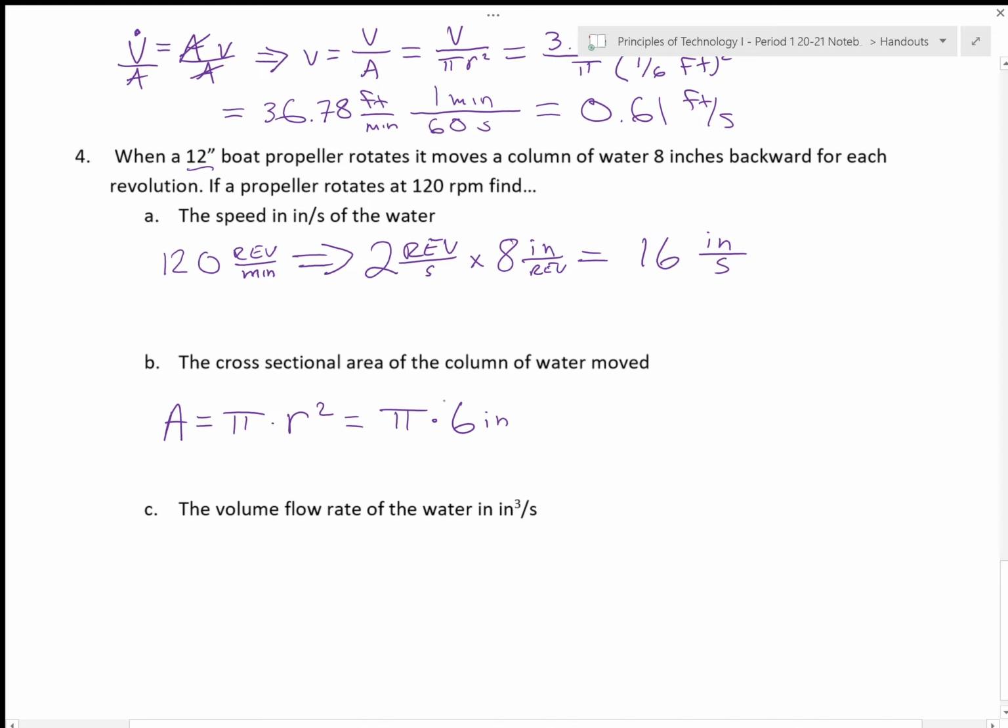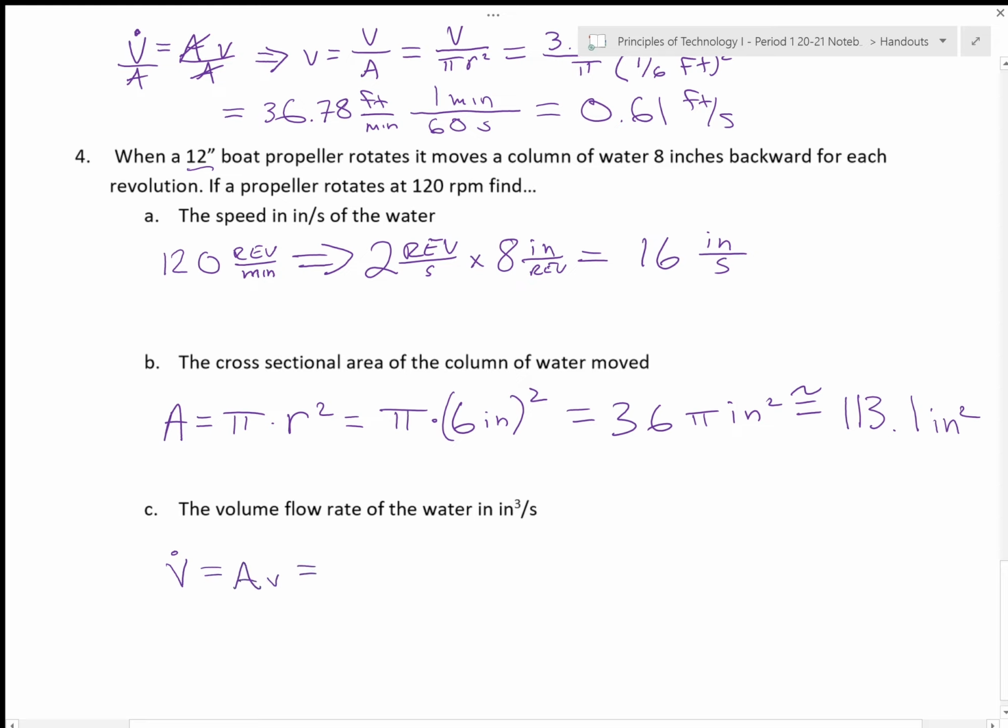So we're going to have pi times 6 inches squared. Of course, this means that it's equal to 36 pi square inches, but we care about the decimal more than the number in this class. So we have 113.1 square inches.